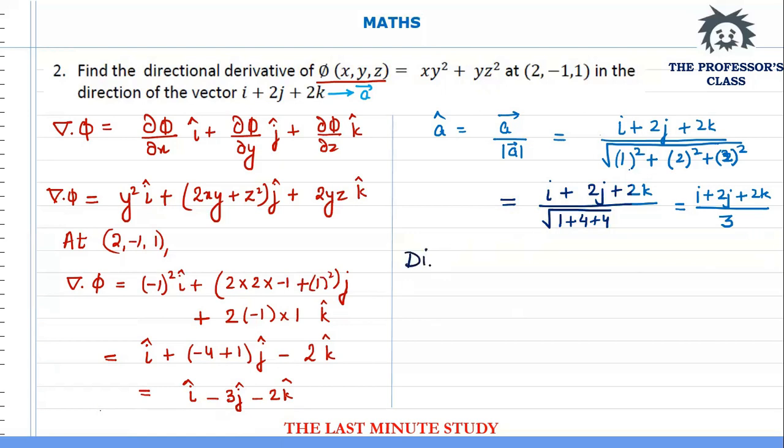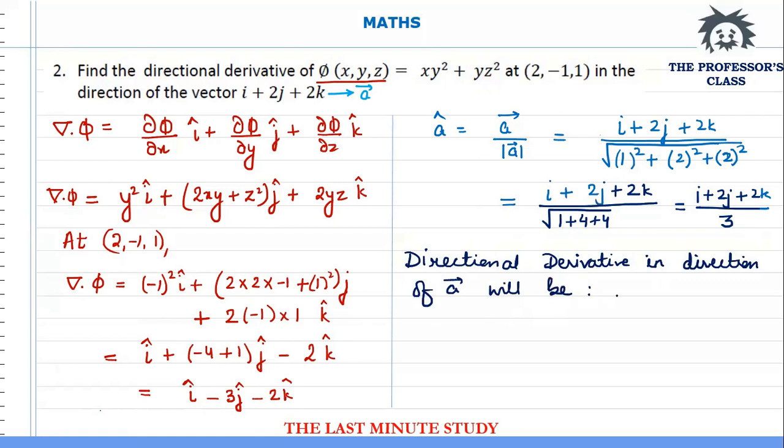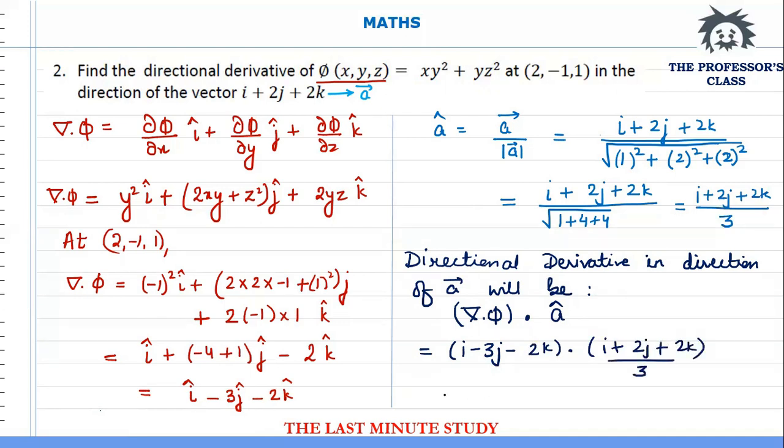So the directional derivative in the direction of a will be del phi dot a cap. This becomes i minus 3j minus 2k dot i plus 2j plus 2k divided by 3.